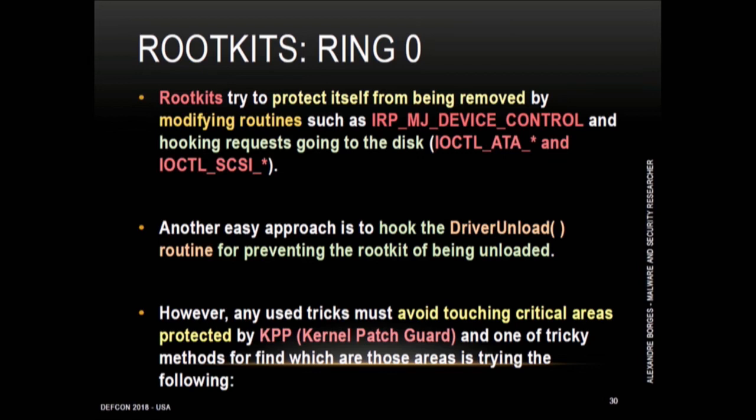It is another kind of trick. Some malware try to hook the driver unload routine for preventing the rootkit from being removed. Another trick. However, most malicious drivers or most malicious malware try to avoid touching areas protected by PatchGuard because PatchGuard is so tough to circumvent.